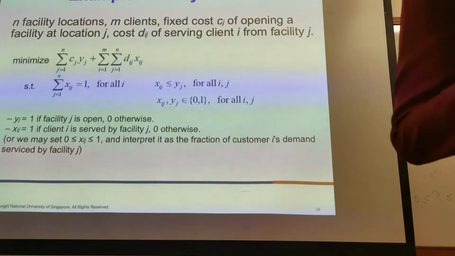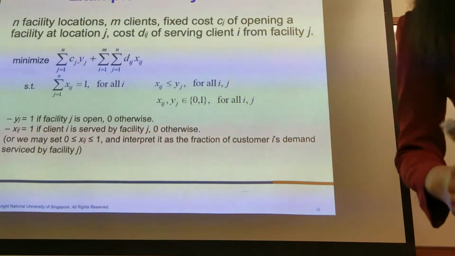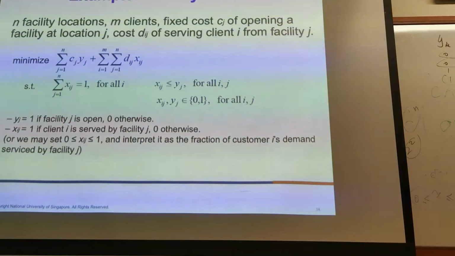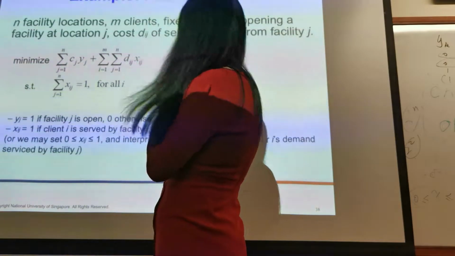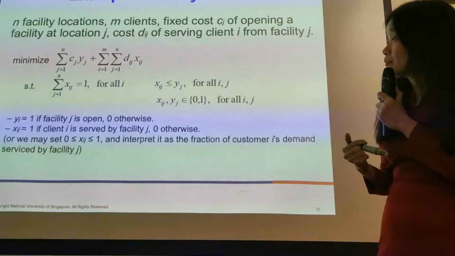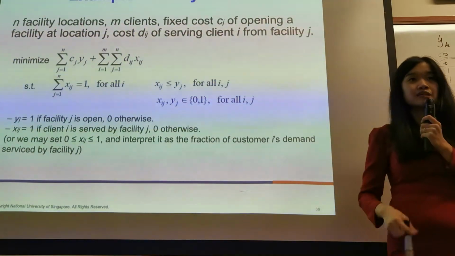If we just do a basic level optimization, then we can write down all the elements here, right? We have n facility locations, m clients, fixed cost, operating cost. Then my goal is to minimize the total fixed cost and operating cost. My fixed cost is relevant to how many facilities I open, while my distance cost is relevant to where I transport from.